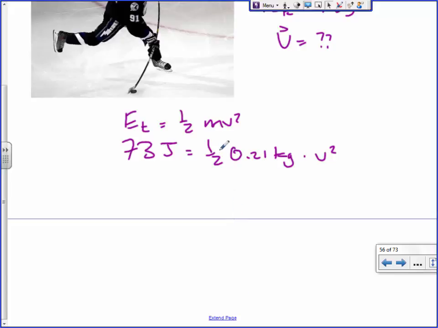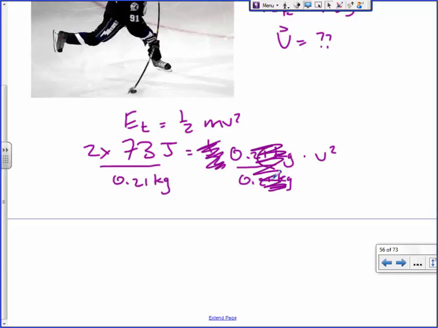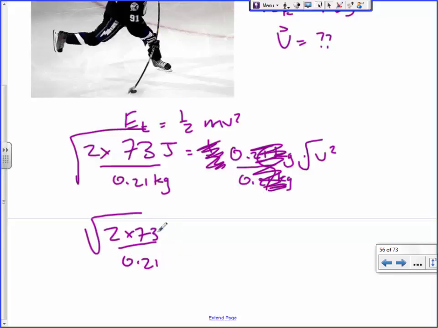Here's what I did. This 1/2 right here, I times by 2 to get rid of it. To get rid of the 0.21, divide by 0.21. And then to get rid of the fact that it's velocity squared, in your calculator, at some point, you need to do the square root of 2 times 73 over 0.21.